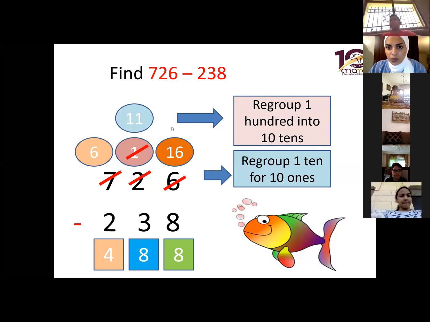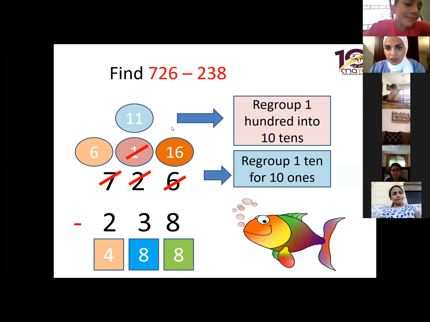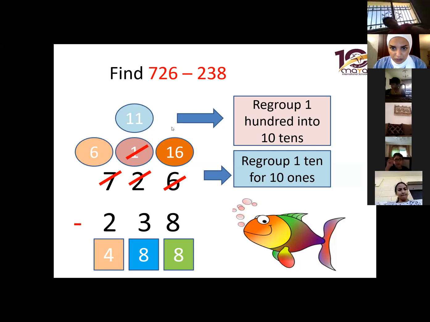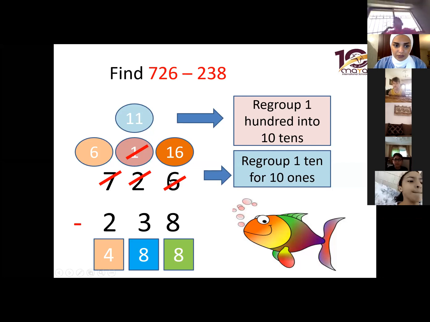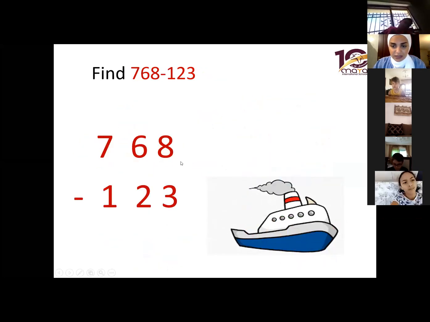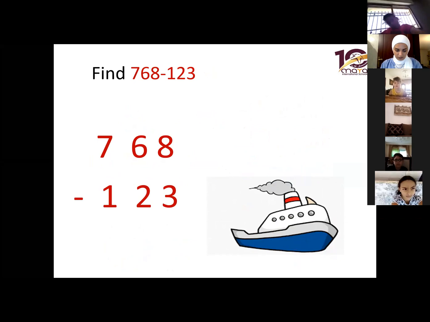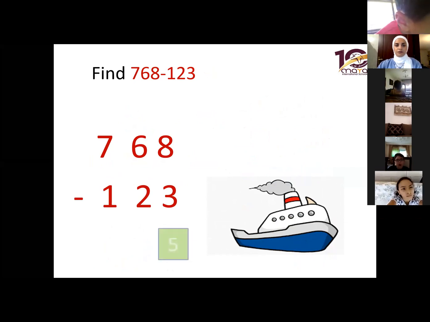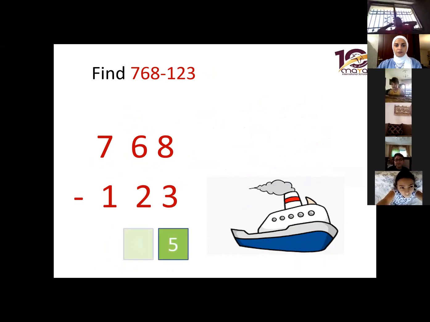Now, I want Yusuf Al-Fayoumi. Hi, Yusuf. Can you answer this? Yes. 8 minus 3 equals 5. 6 minus 2 equals 4. 7 minus 1 equals 6.